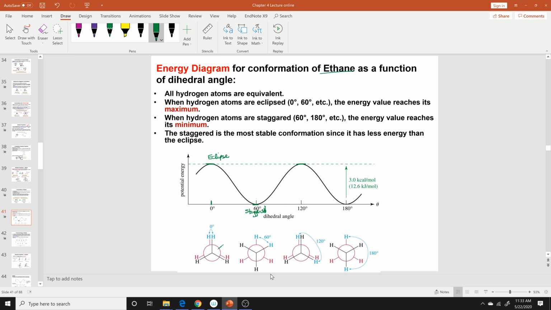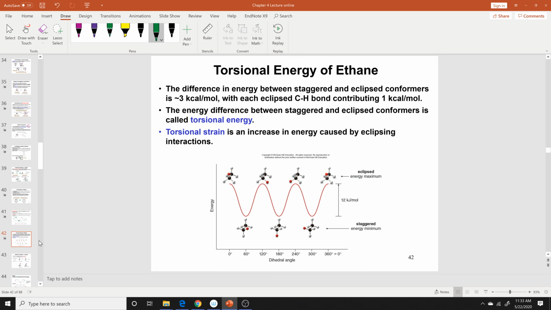Since all the staggered are the same, they're going to have the same energy, and low energy because the bonds are far away from each other. And since all the eclipses are the same, they're going to have the same energy, and their energy is going to be higher because the hydrogens align with each other. So you're going to end up having an energy diagram that looks like this.